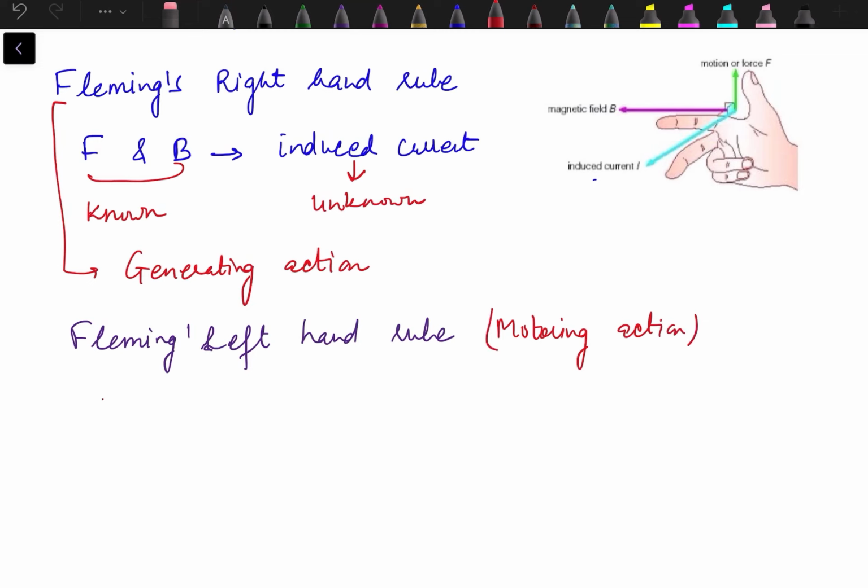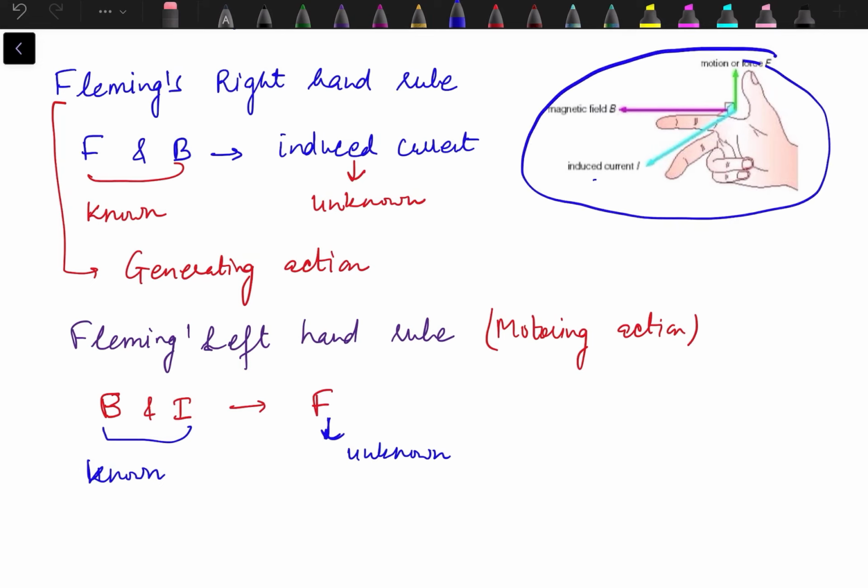Motoring action is when we know the direction of magnetic field and current, and we need to know the direction of force. So direction of magnetic field and current are known while direction of force is unknown, but we can find out that using Fleming's left hand rule.